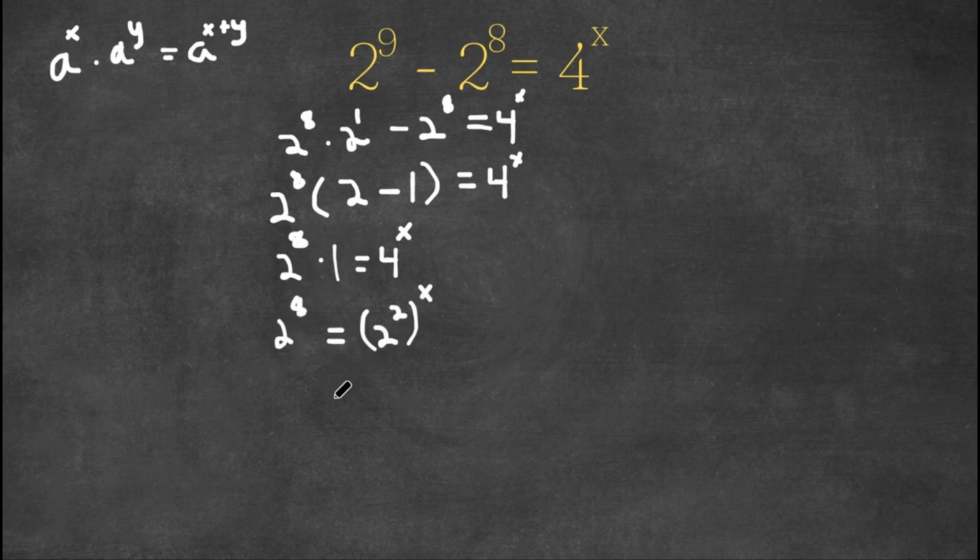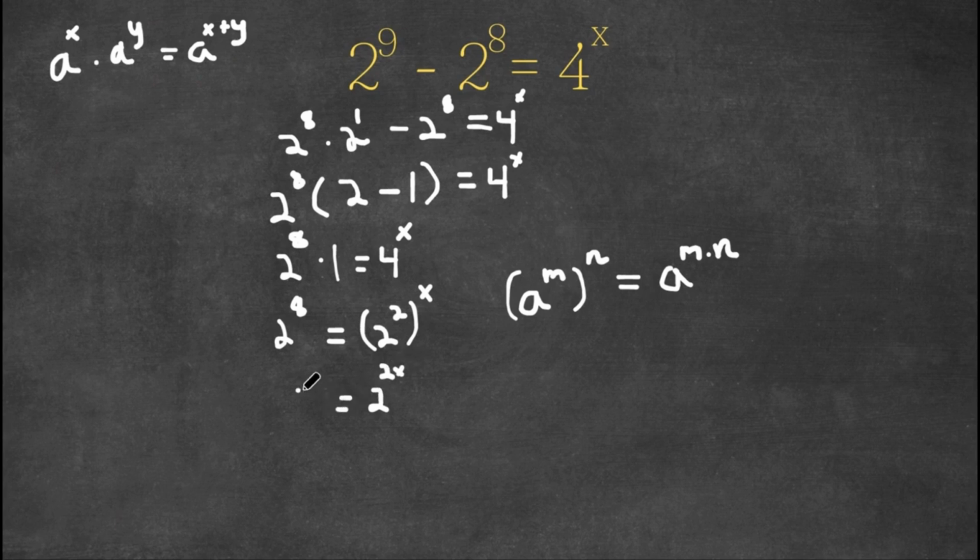Now, an important property of exponents is that a to the power of m to the power of n is equal to a to the power of m times n. So 2 squared to the power of x is equal to 2 to the power of 2 times x, which is the same thing as 2x. And this is still equal to 2 to the power of 8.